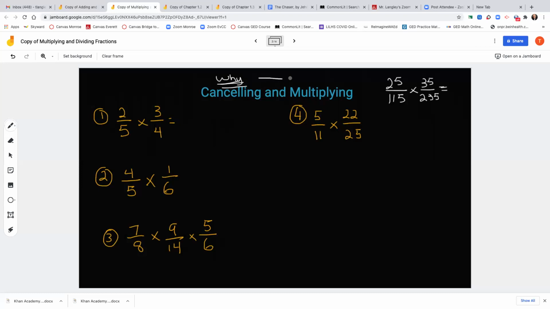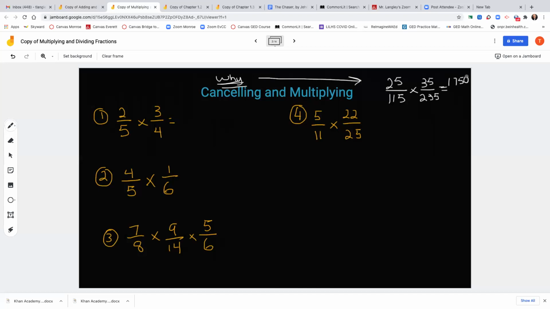And here comes the why over here to the right. All right. What would you do? Let's say you're on a test and you're kind of nervous and you're being timed. You only have so long to get done with the whole test. And you ran into a problem like this one I have on the screen here on the right. You don't need to copy it down, but you had to multiply 25 times 35. Now, I don't know what the answer to that is, but what if it was 1,750 or something?